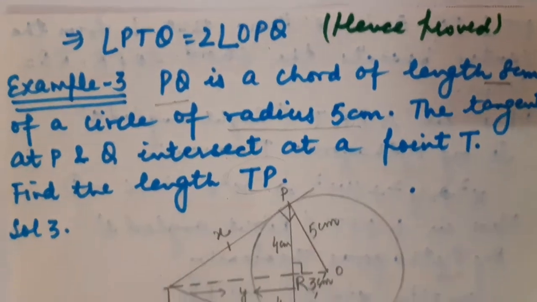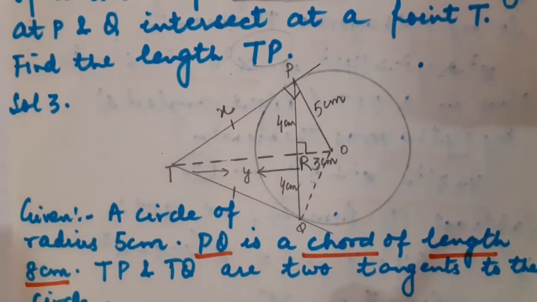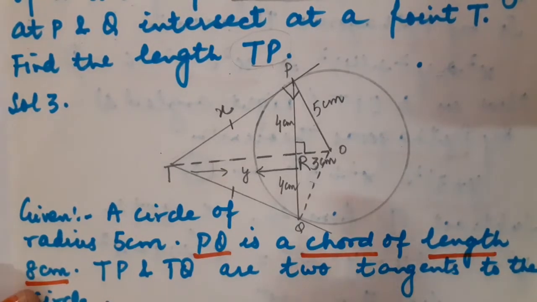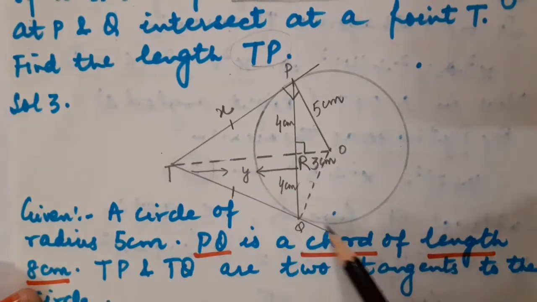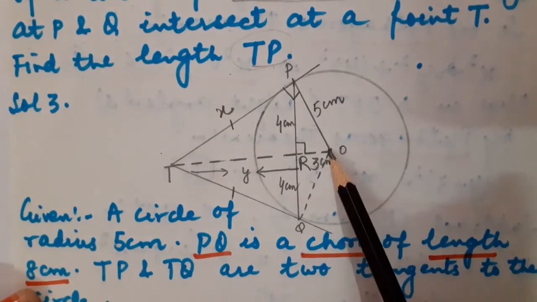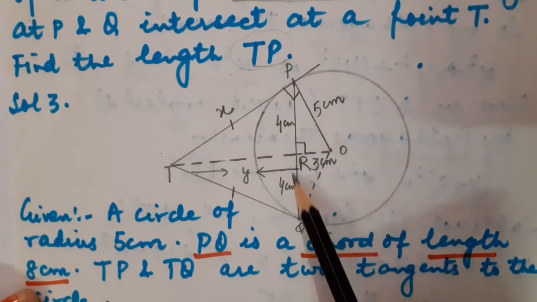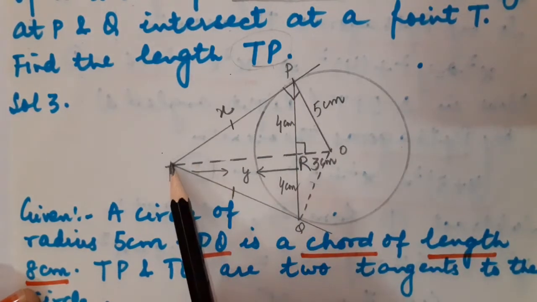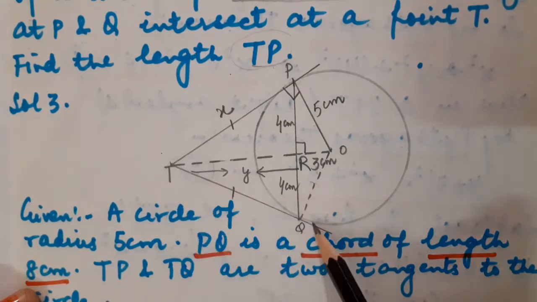Fine, children? Okay, so here is the diagram. Please understand this question through the diagram, and after that I will be showing you its written proof. Okay. So there is a circle with center point O. PQ, this is a chord. Here I have drawn PQ as a chord. T is the external point, and TP and TQ, they both are the tangents.